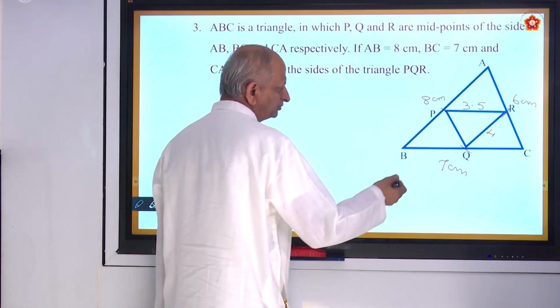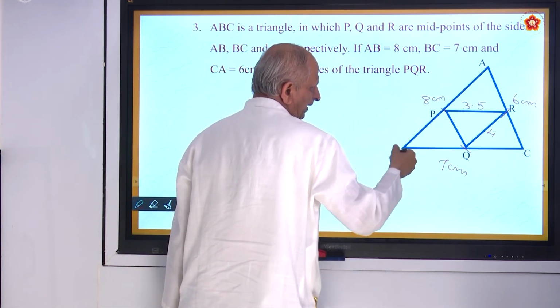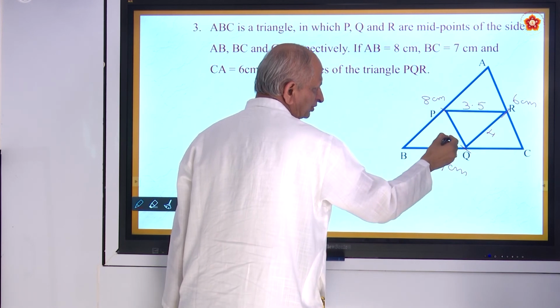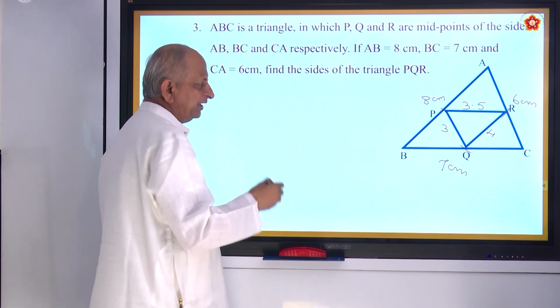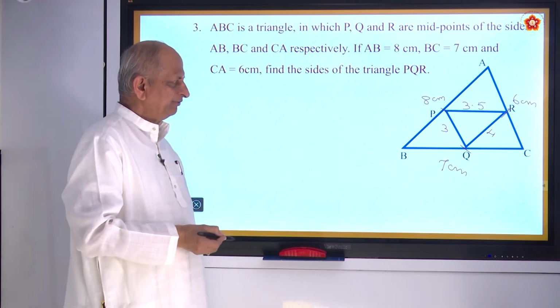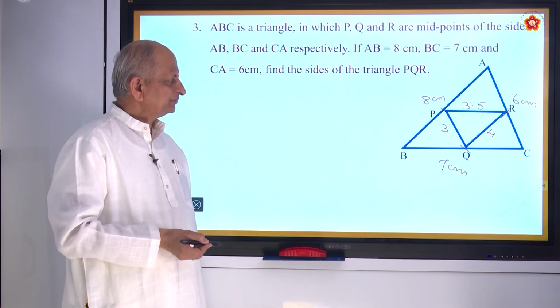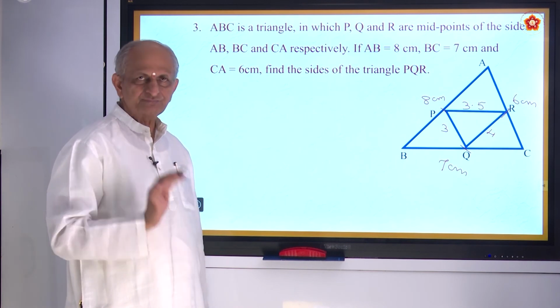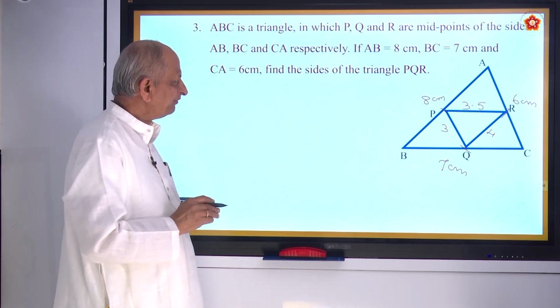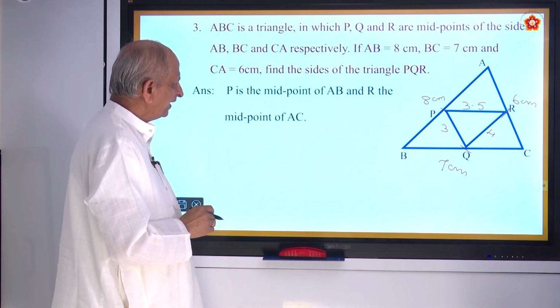So also, if these are the midpoints, this is done parallel, so this will be half of that, that is 3. Naturally, if you add all the 3, we get the perimeter of the 3 sides. Alright, just on the basis of midpoint theorem.